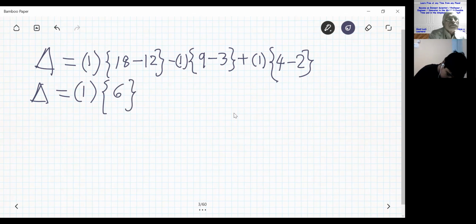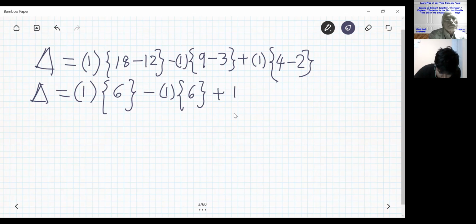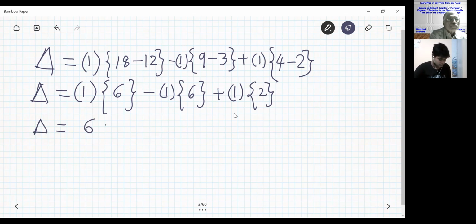So delta is equal to 6 minus of 6 plus 2. 6 minus of minus 6. 6 minus 6 plus 2. So we got delta is equal to 2.